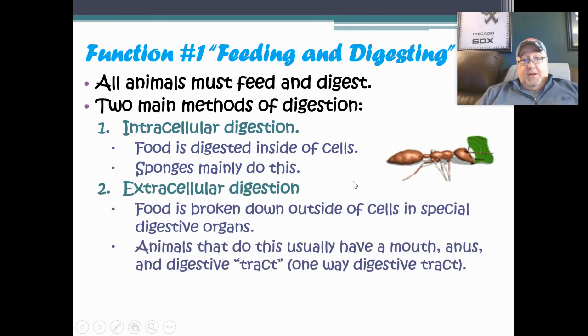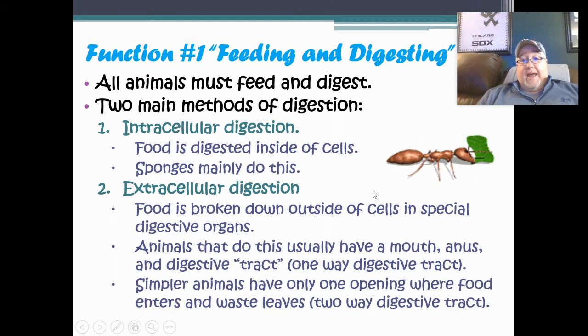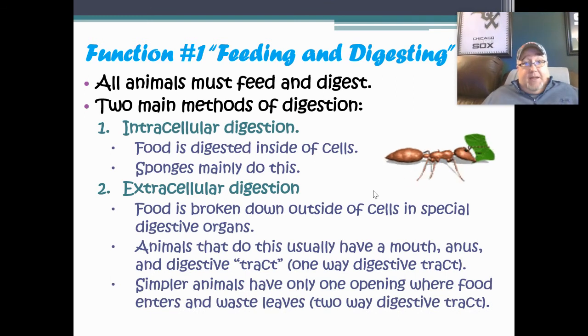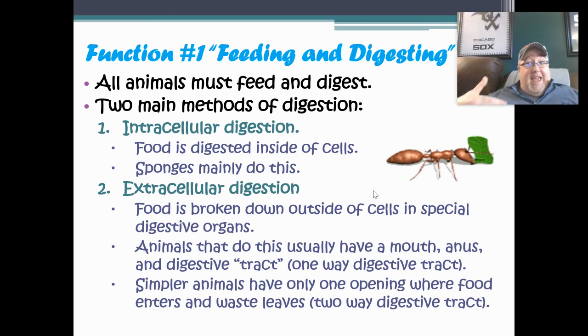Extracellular digestion is where the food gets broken down outside the cells. For example, in humans, we have a digestive system like a stomach and intestines that breaks our food down for us. And then we have a circulatory system that carries all those nutrients to every single body cell. So the food doesn't get broken down in our cells, it gets broken down outside of our cells and gets carried to every individual cell.